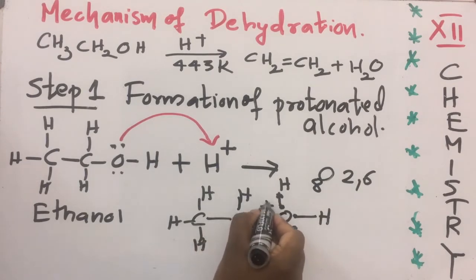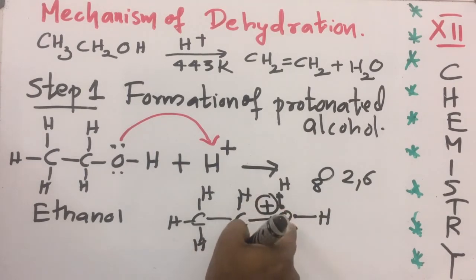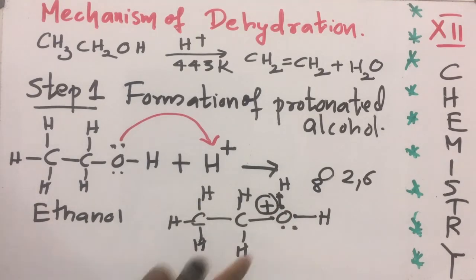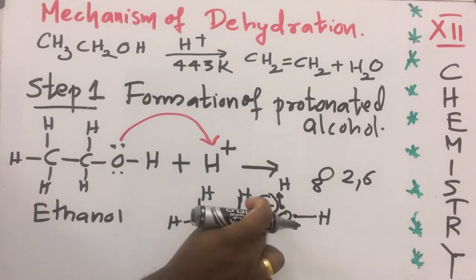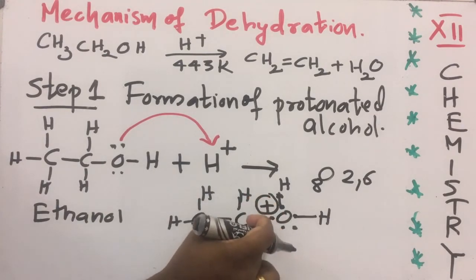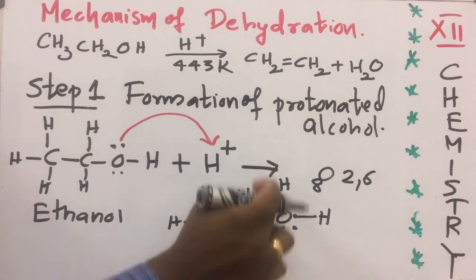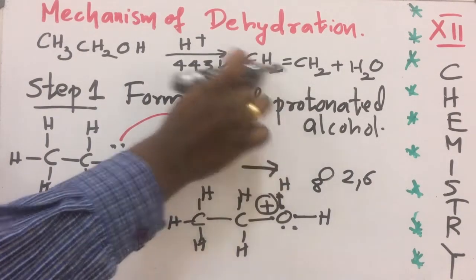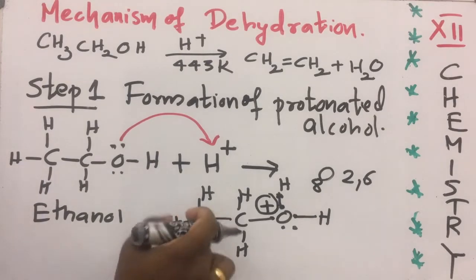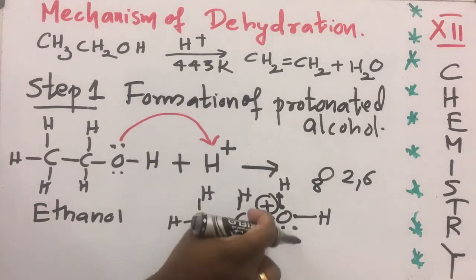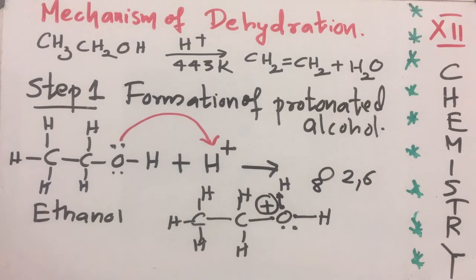Put a positive charge above oxygen. The correct reason behind this positive charge is clearly explained in the mechanism of hydration of alkene to alcohol in the previous section. Please go through it one more time to understand this point.